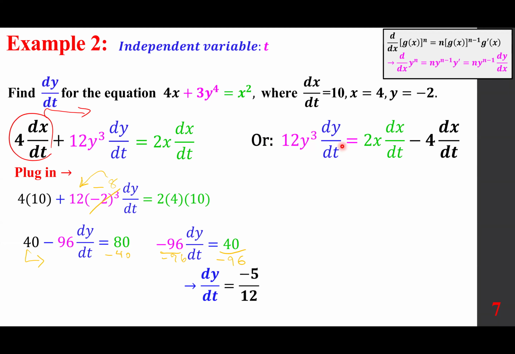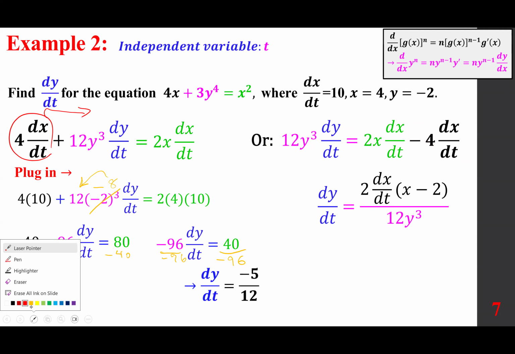Also, on the right side, we can take the 2 out and dx/dt out. So 2 dx/dt, this gives you x, this gives you minus 2. And 2 goes away, this changes to 6.